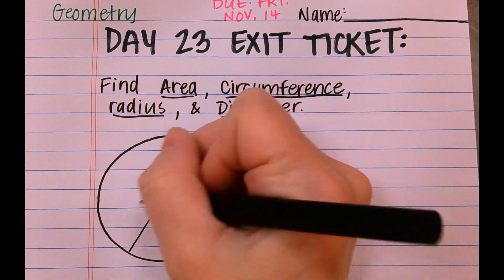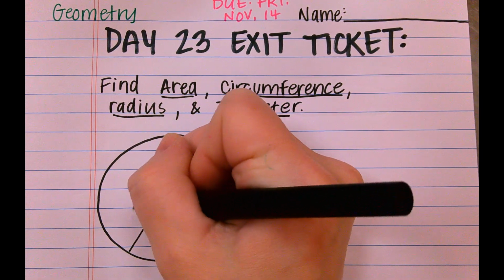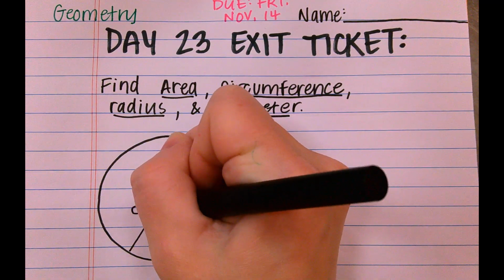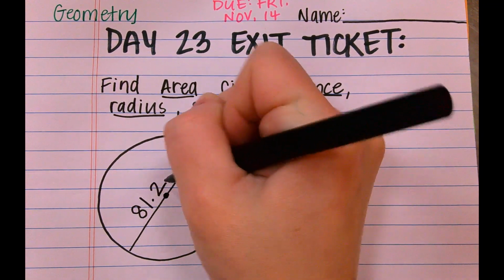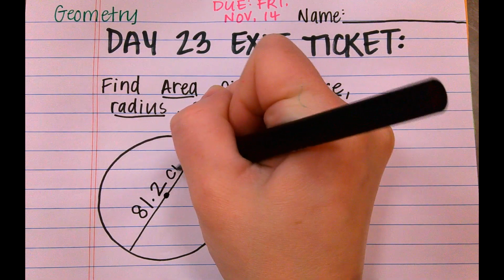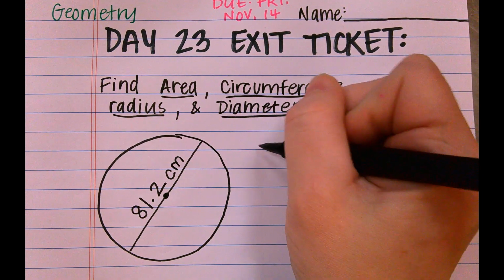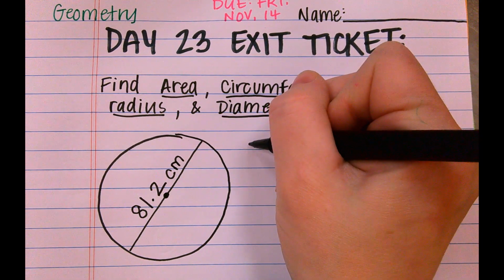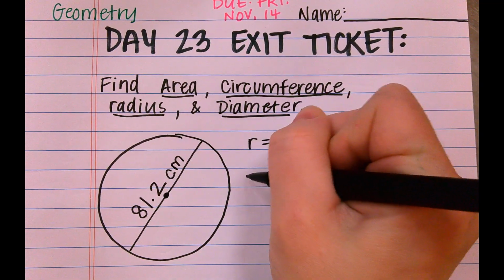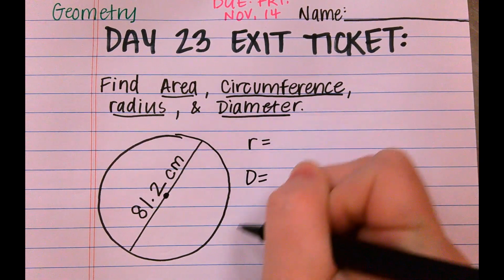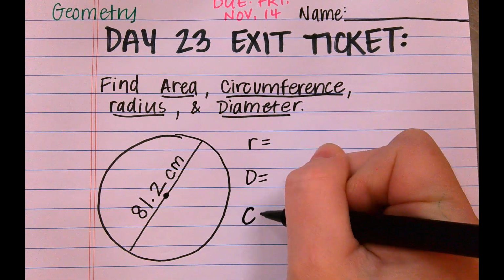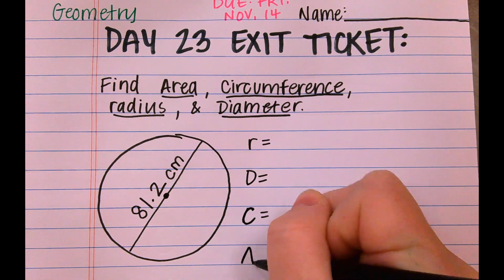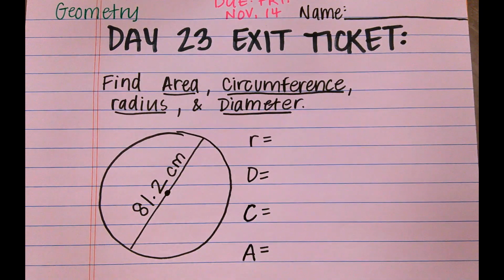And this is for measurement. 2 centimeters. R equals, D equals, C equals, and A equals for area.